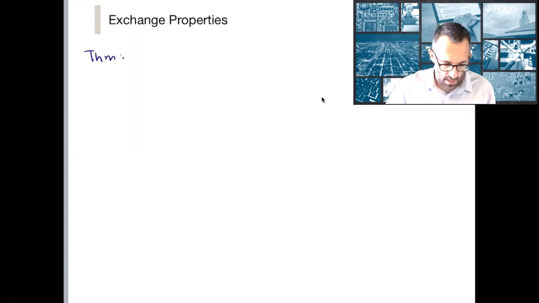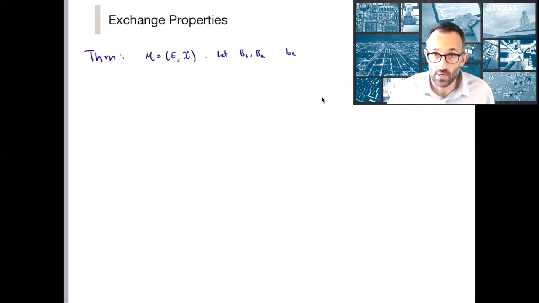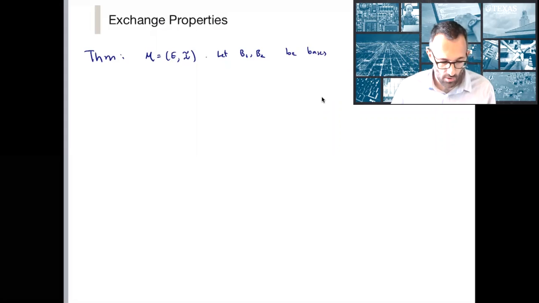So the theorem says the following: we have a matroid on a ground set E with independent system I, and let B1 and B2 be bases. So in other words, they are maximum size independent sets. We've already seen that bases all have the same size. So these are our bases, and they're different.